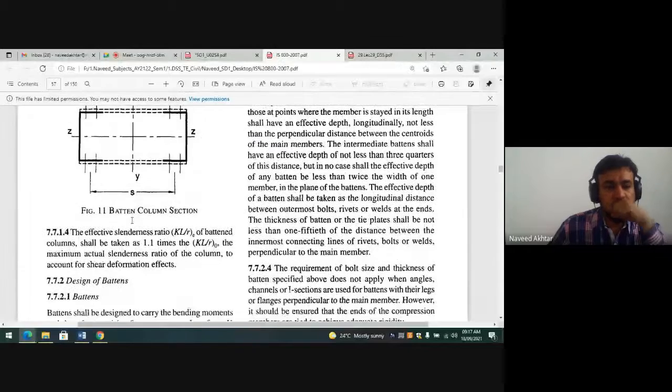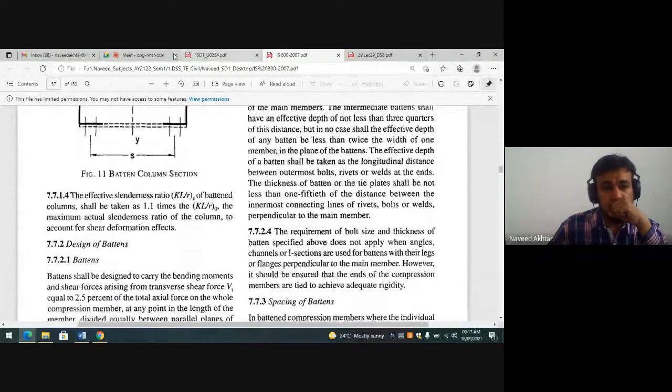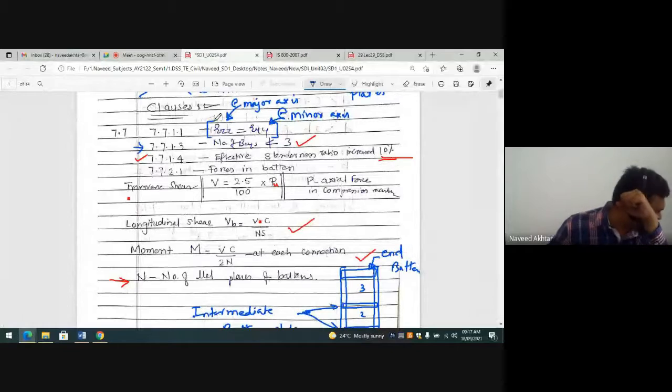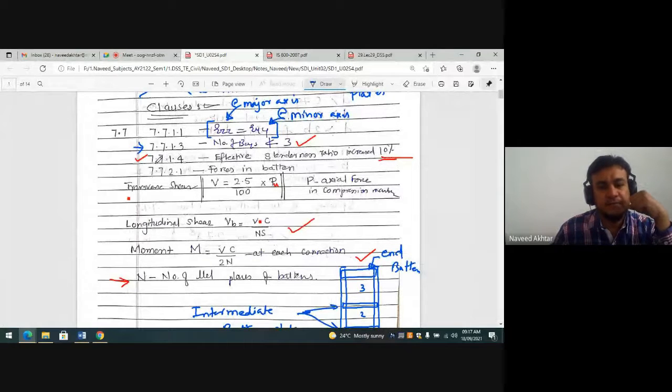Okay. Now the, sorry, clause number 7.7.1.4, the effective slenderness ratio should be increased by 10%.